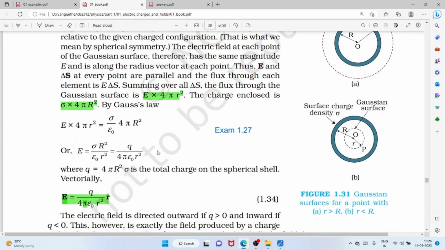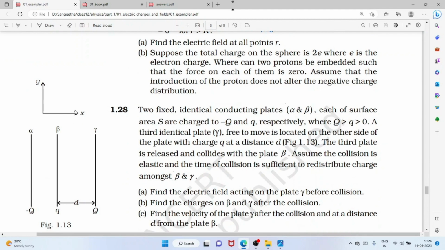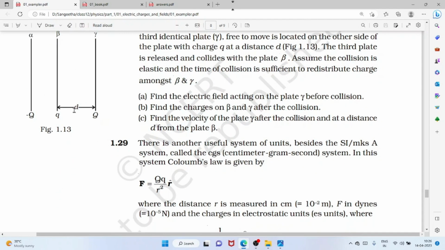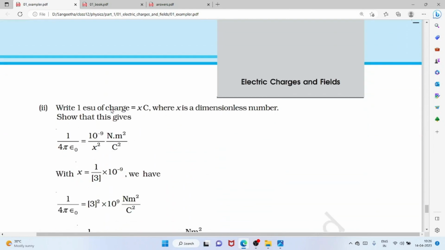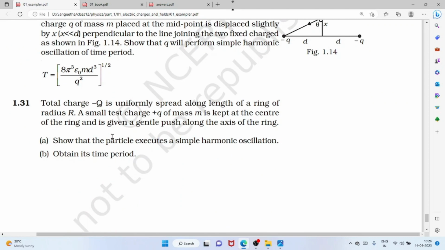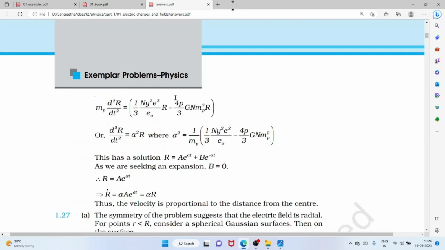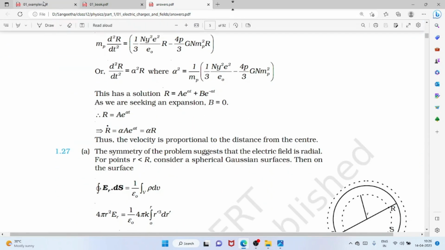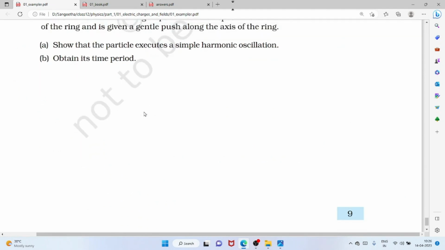So these three formulas are given. You can go through it. For all these things also answers are given. There are simple harmonic motion problems also. This is important. You can go through it. You can also go through these solved problems in the NCERT textbook.